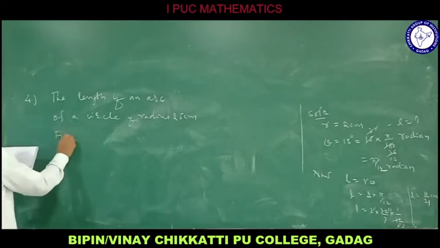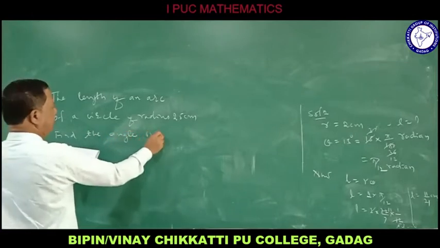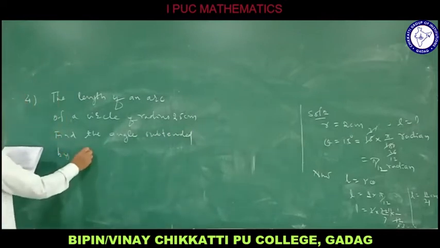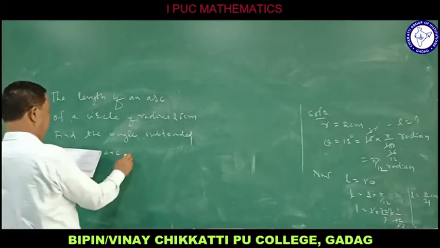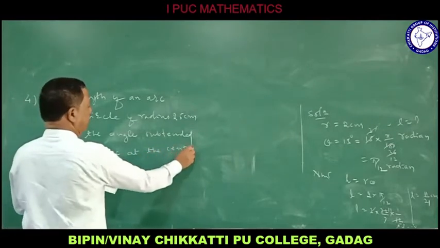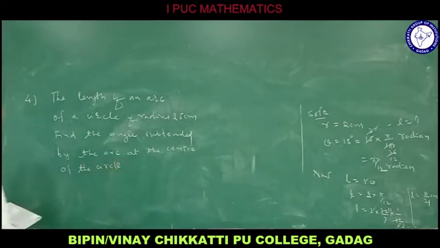Find the angle subtended by the arc at the center of the circle. Look at this, how this can be done. Very simple.